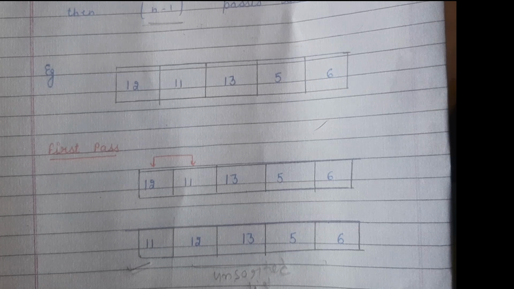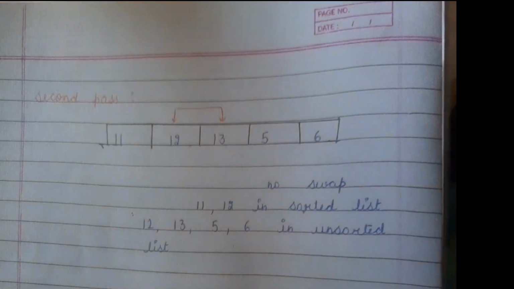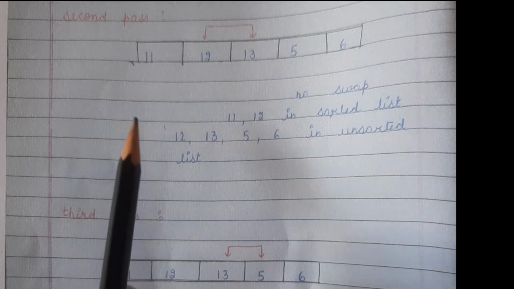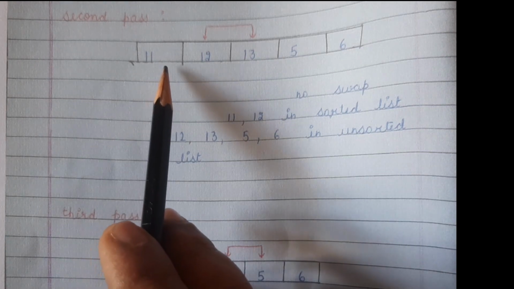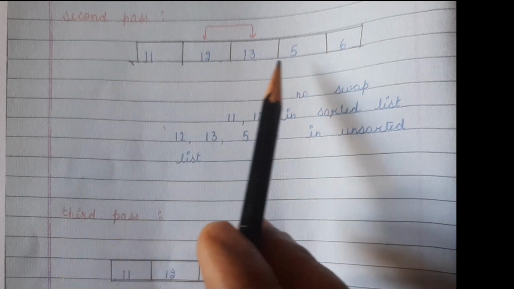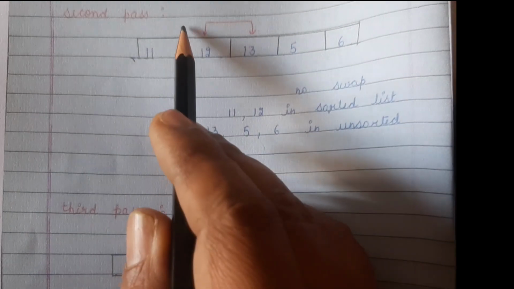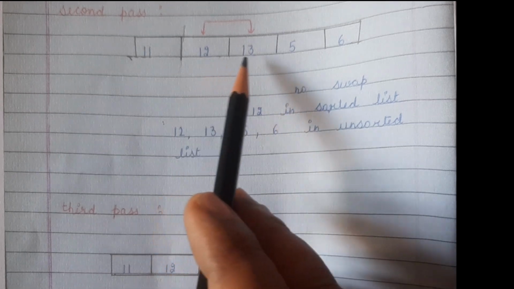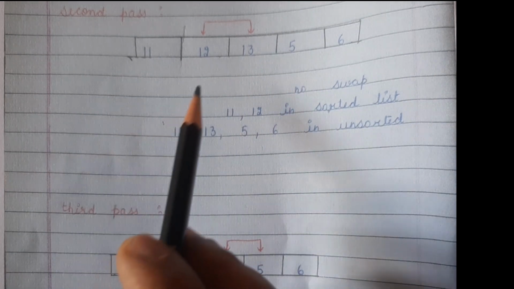So after this, now we start the second pass. In the second pass, 11 is in the sorted list and the rest of the elements are in the unsorted list. So now 12 and 13 are compared.